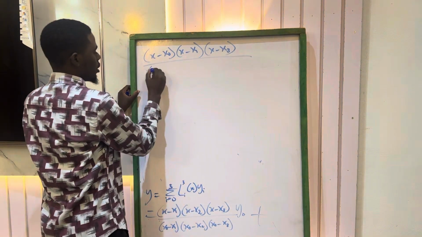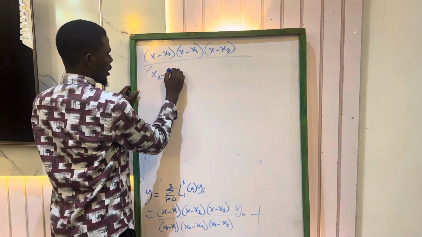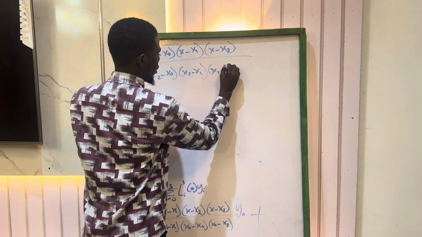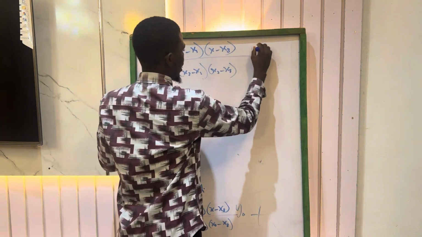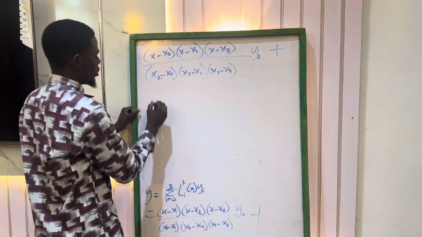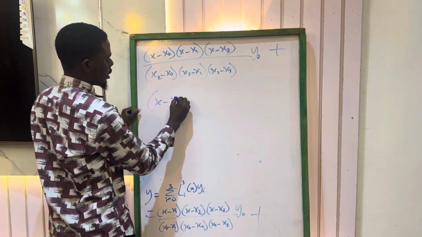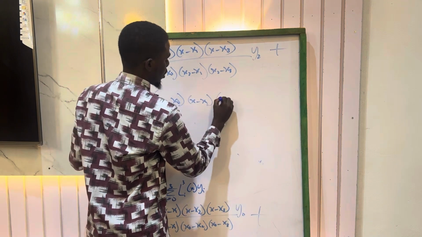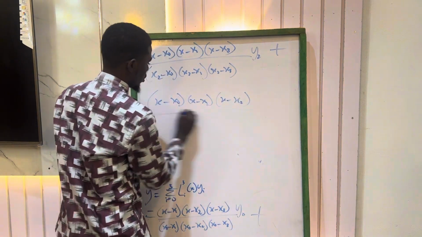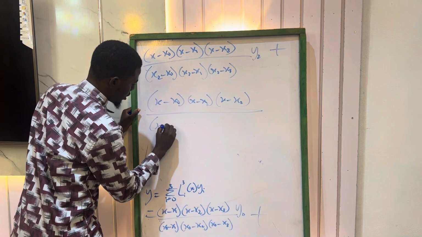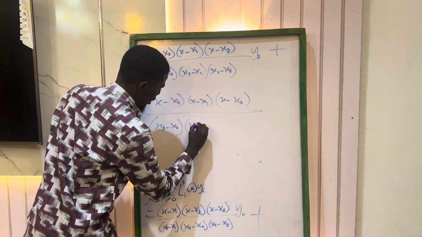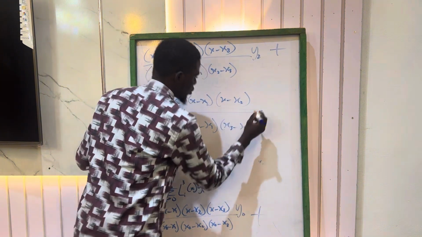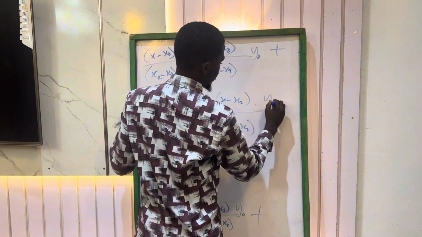So over x2 minus x naught, x2 minus x1, x2 minus x3, then multiplied by y2, then plus, you're going to have the last one, x minus x naught, x minus x1, x minus x2, all over x3 minus x naught, x3 minus x1, x3 minus x2. Then this is going to be multiplied by y3.